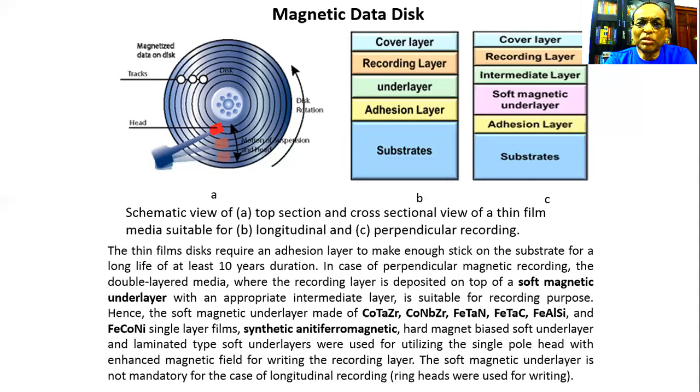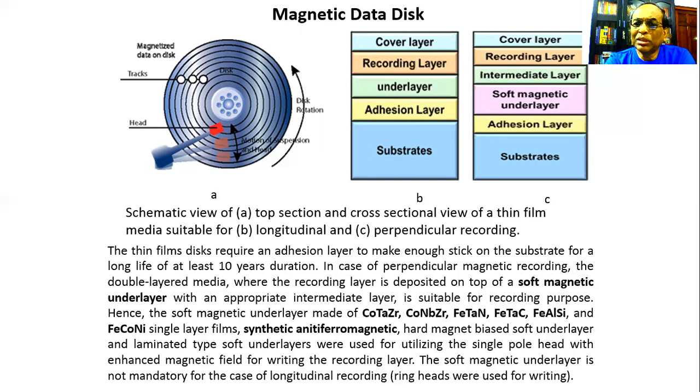What is the sort of construction? Let us see that. The construction is something like this. There will be a substrate. Over that there will be an adhesion layer, underlayer, recording layer, and coating layer. This is one scheme.